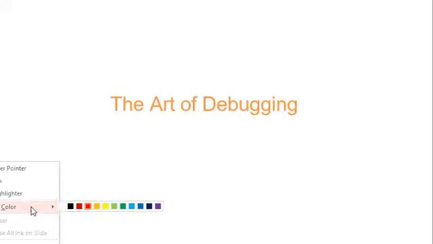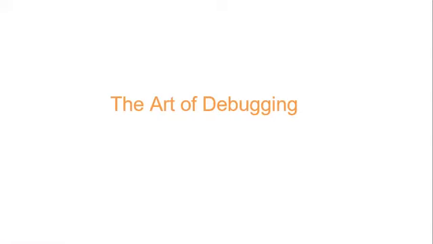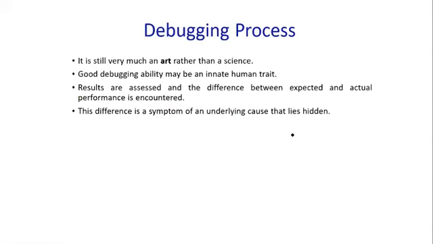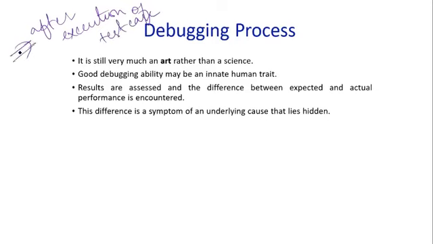The next is the art of debugging. Now, this debugging process is basically going to begin after the execution of a test case. Why does it begin after the execution of a test case?